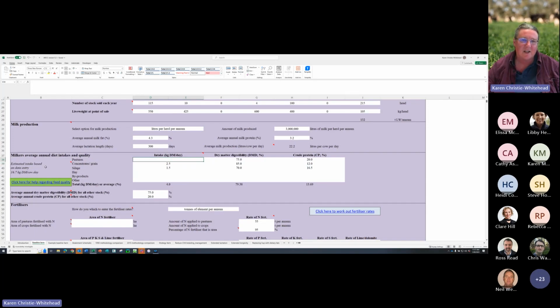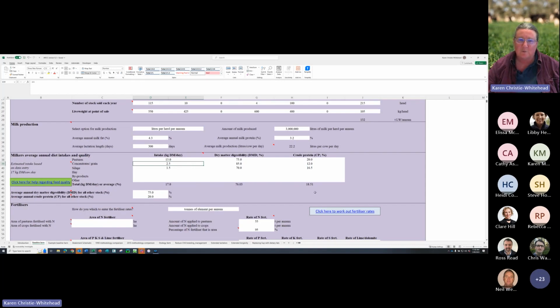For these cows to produce around that 22 litres of milk per day, they need around 16.7, 17 kilos of total feed per day. So we can say, okay, we're getting 4, we need 17, so we'll get 13 from pasture. Again, all this is trying to determine is these two values.